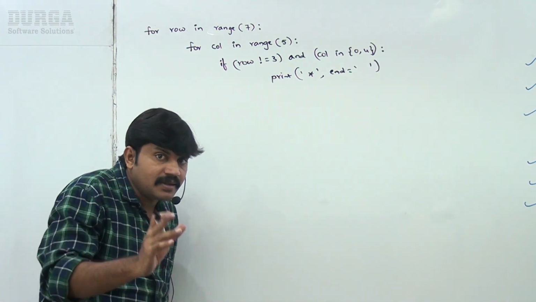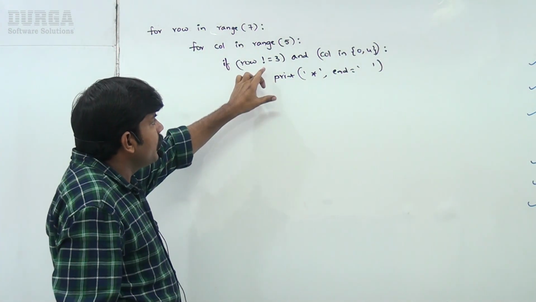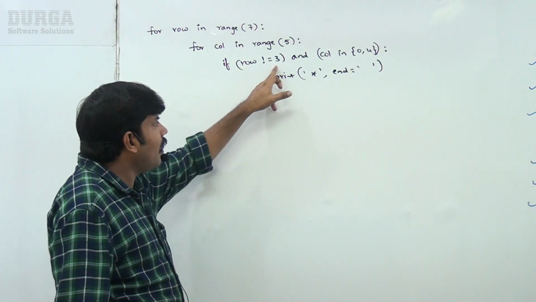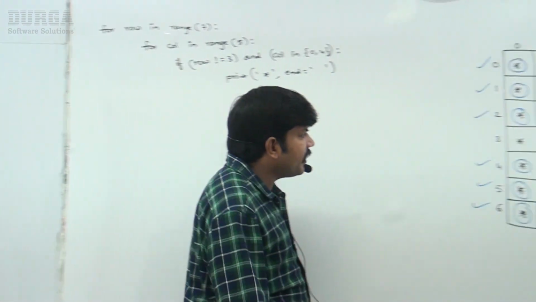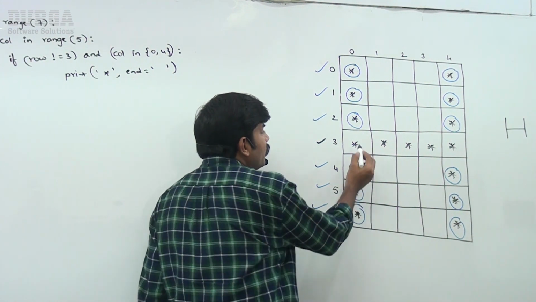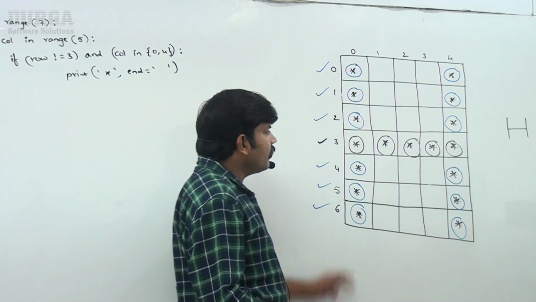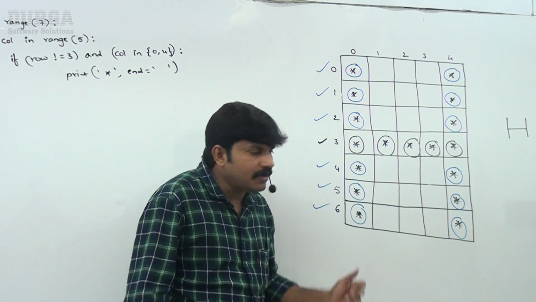Next, except the third row, all rows are covered. Then what is remaining? Only the third row. In the third row, all star symbols are there.